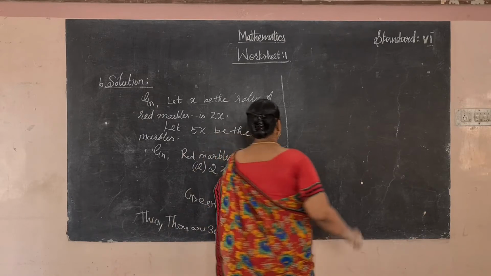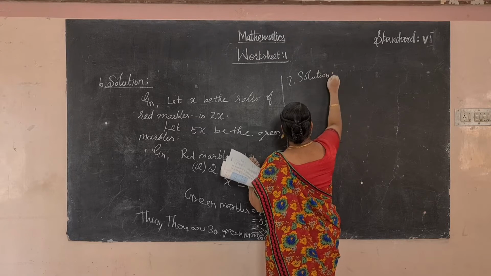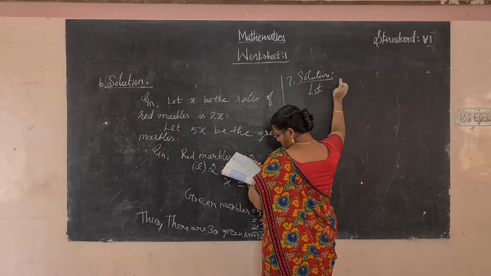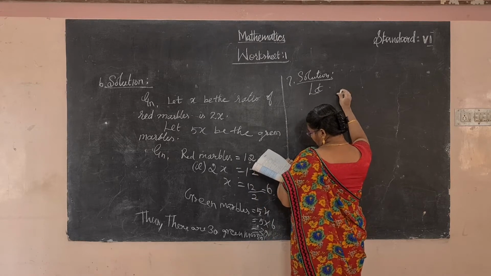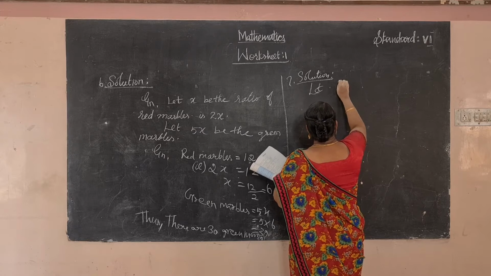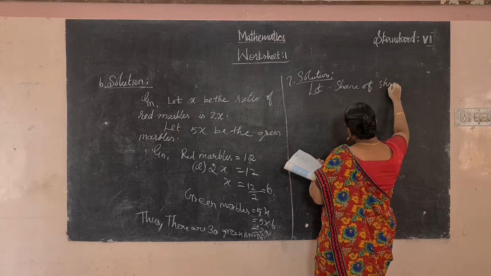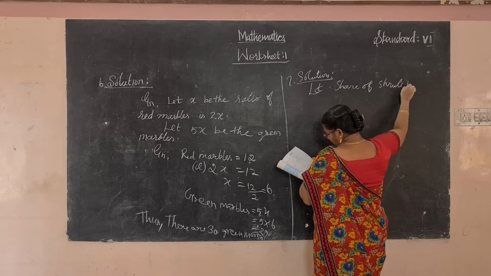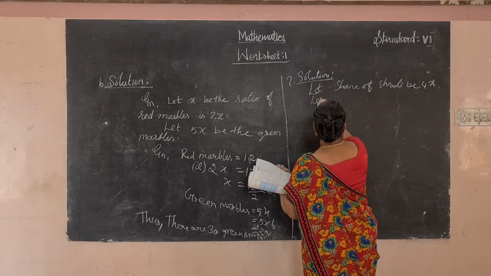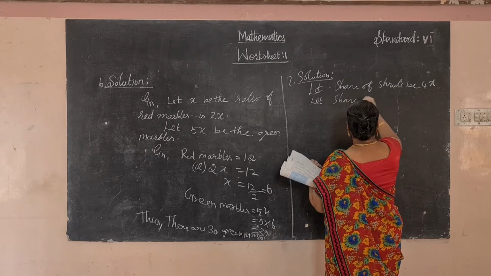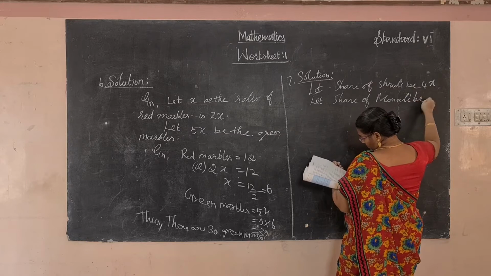Let the share of Shruti be 4x, and let the share of Monali be 3x.